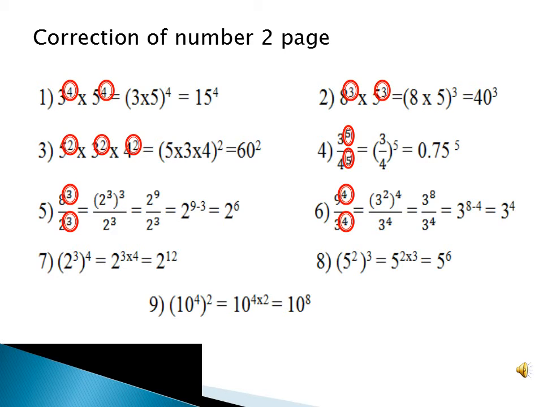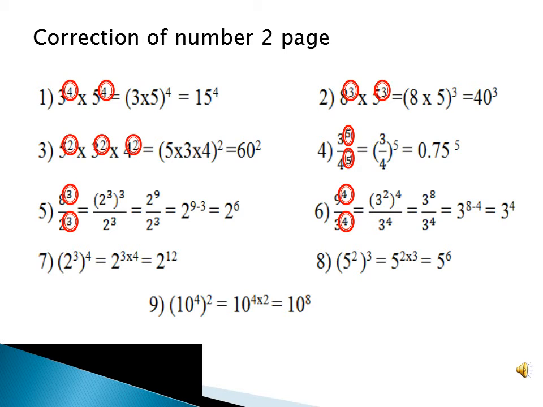Up, 2 power 3 bracket 3. So as we took, we must multiply 3 times 3. It becomes 2 power 9 over 2 power 3. When we have the same base, different power, now we must subtract the powers. It becomes 2 power 9 minus 3, which becomes 2 power 6.